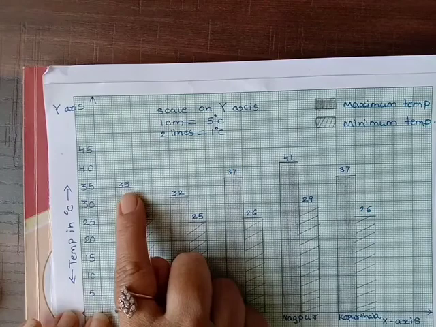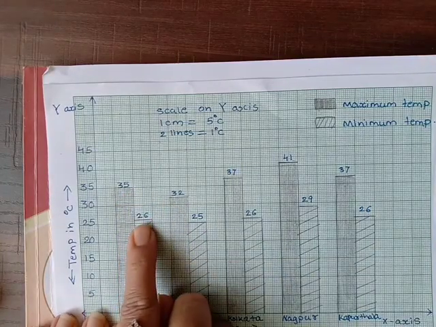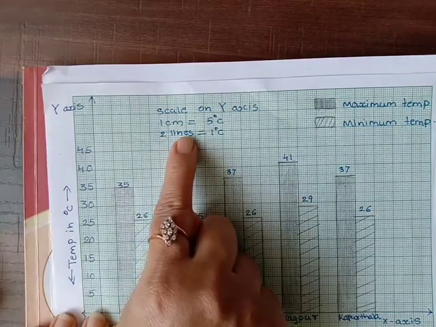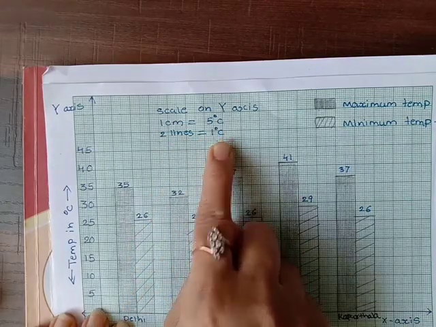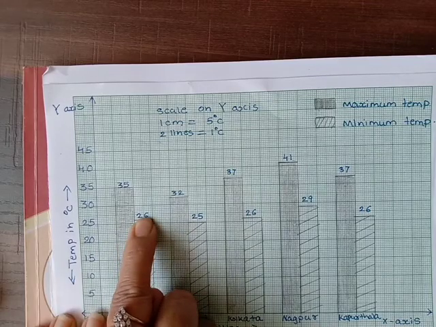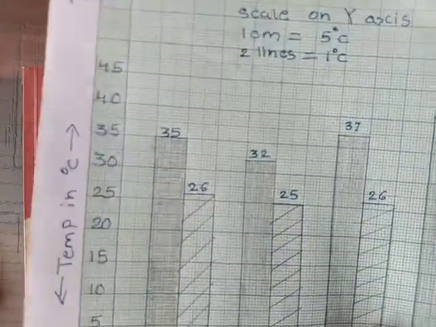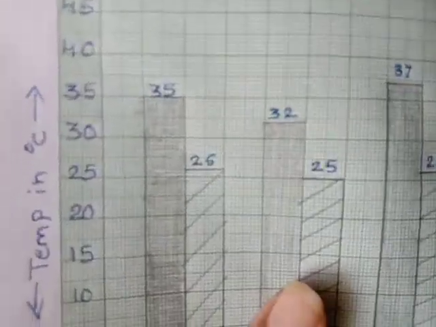Now see first, maximum temperature 35 for Delhi, okay, and 26. Now how to mark 26? I know that 2 lines will correspond to 1 degree Celsius. So above 25, I have to take 2 lines. Then it will be 26. Are you understanding me? Okay. So see, you can see it very clearly. Above 25, I have marked 2 lines.